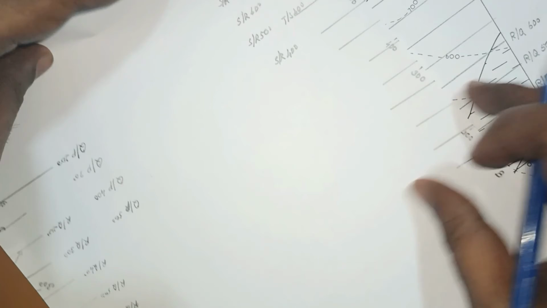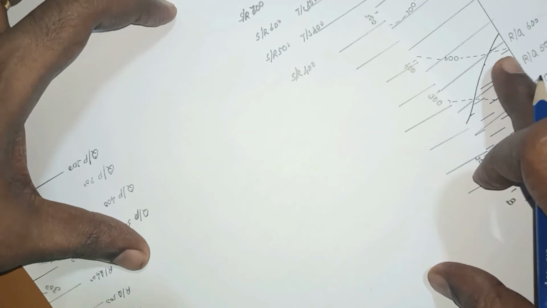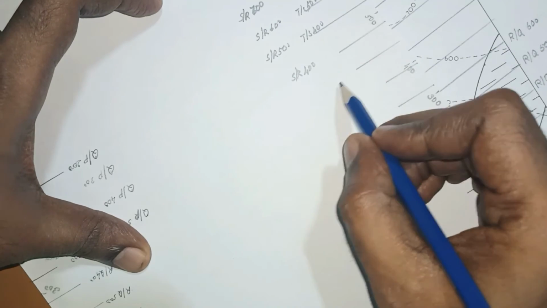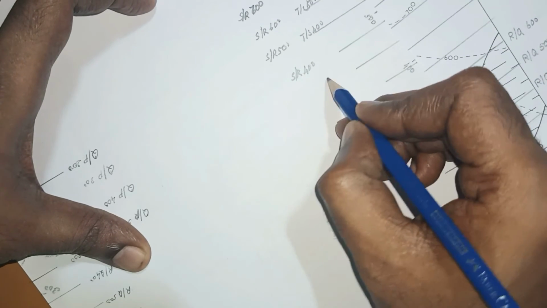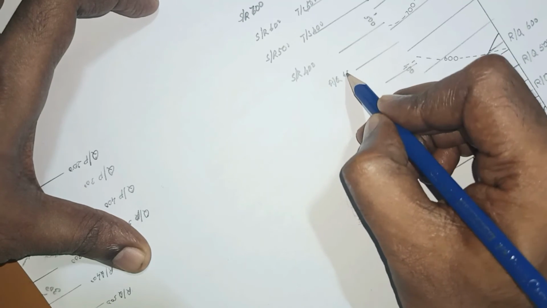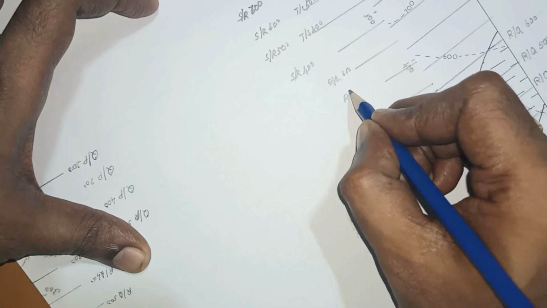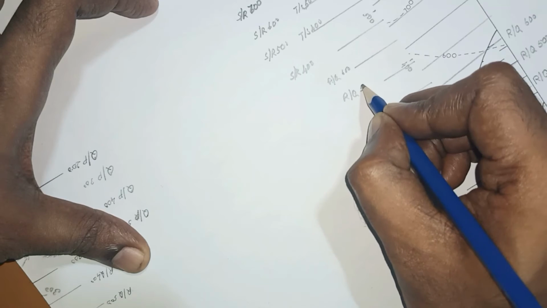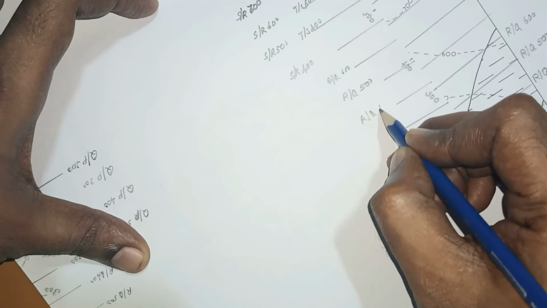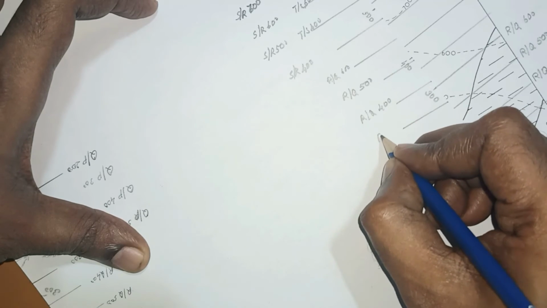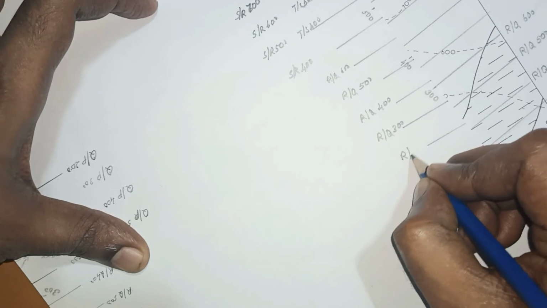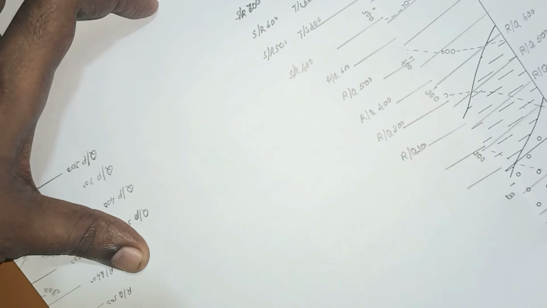Next one, RQ. So here RQ 600, RQ 500, RQ 400, RQ 300, RQ 200.